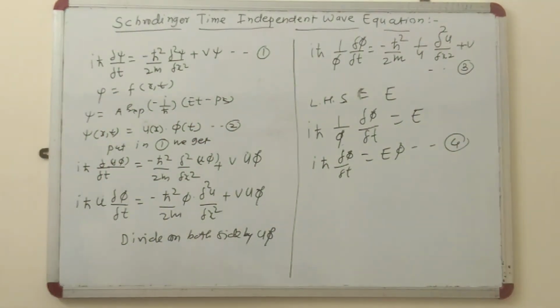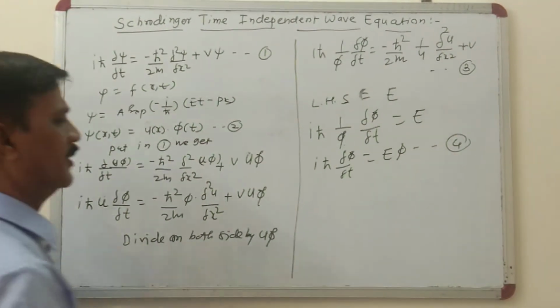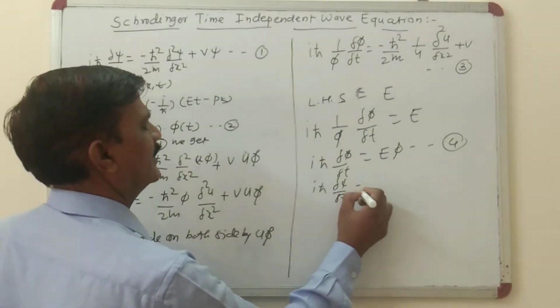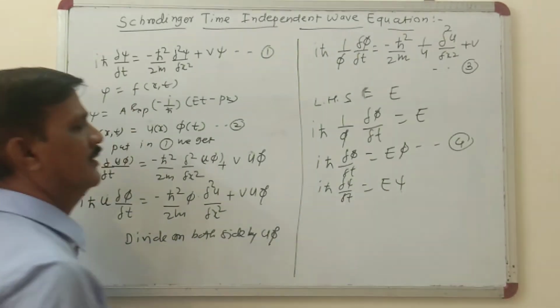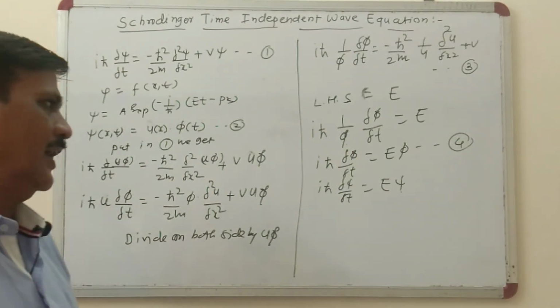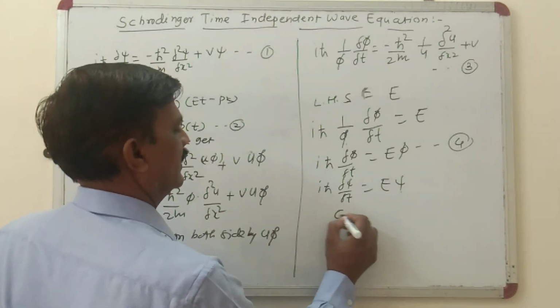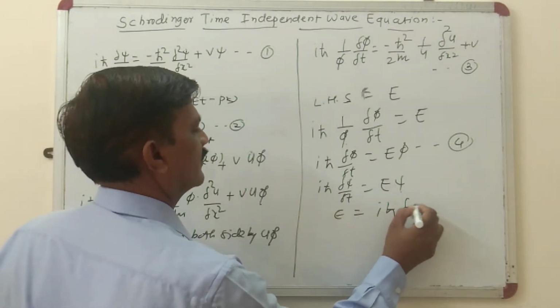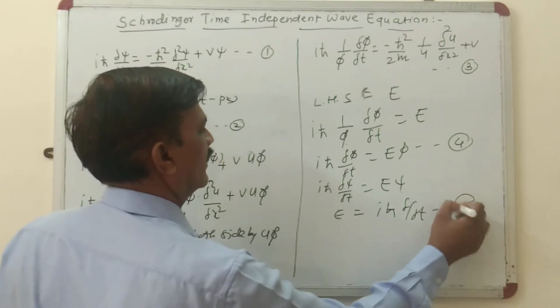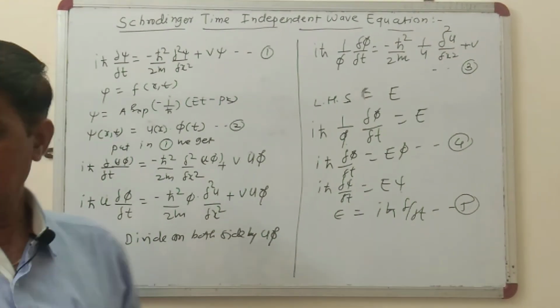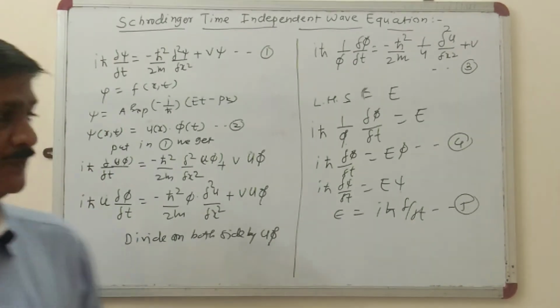And we know already this type of equation, iħ ∂ψ/∂t = Eψ. Here E is the total energy, and the total energy operator is E = iħ ∂/∂t. In place of ψ, here u is the function of x.